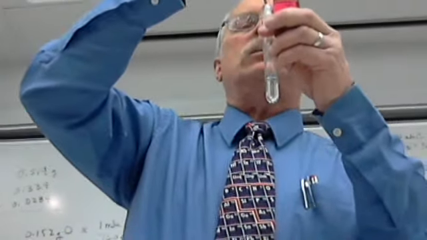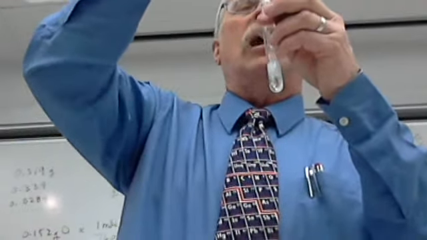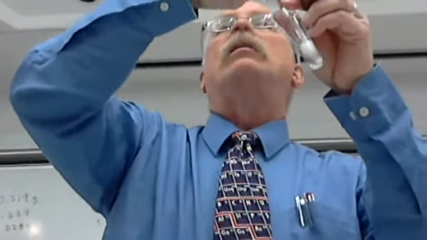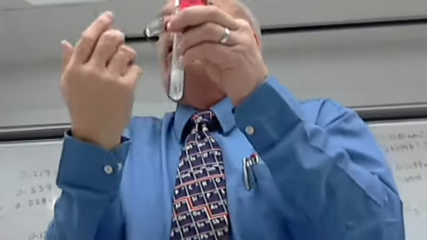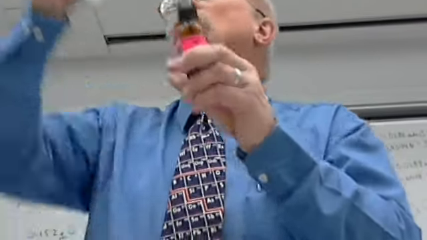But if I mix these together, there is an obvious chemical reaction that takes place. When the two mix and silver chloride is formed, silver chloride says, oh, I can't stay dissolved in the water, so it precipitates out as a white solid. And you can actually see those white solid particles falling down to the bottom.